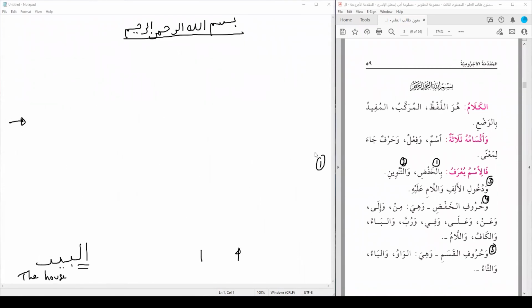But like I said, this book is for a student who has studied, for example, Medina Book 1 or 2 or the Bayni books, so it should make sense to them what is being mentioned. And also you have the huruf al-qasm: al-waw, al-ba and al-ta.